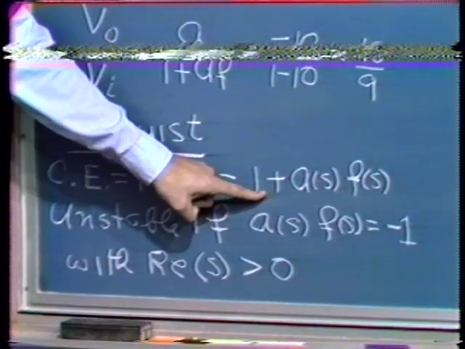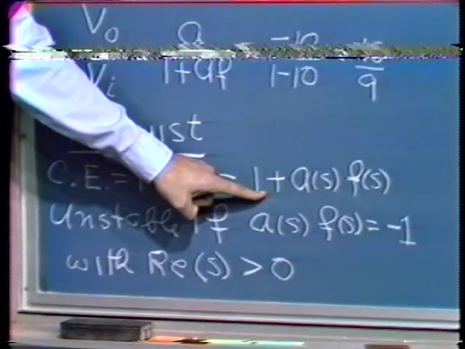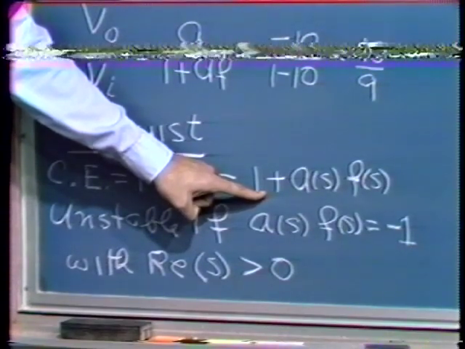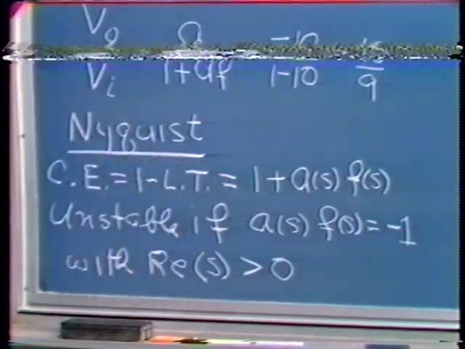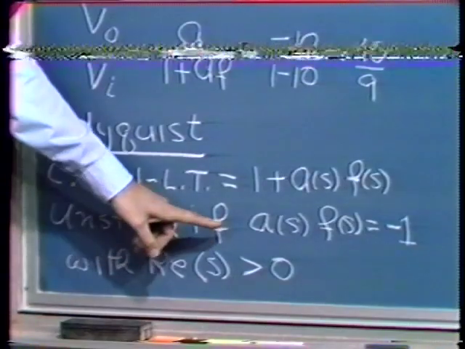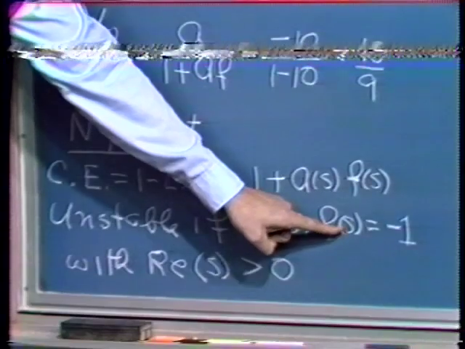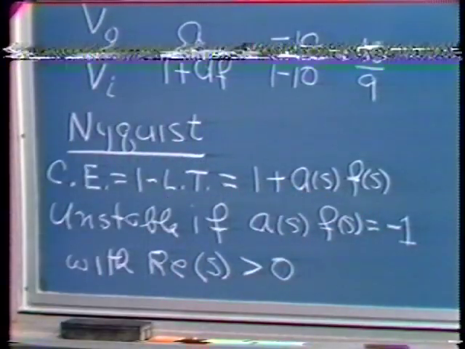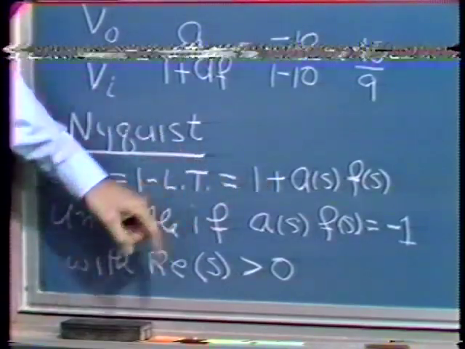The characteristic equation is, of course, the denominator polynomial of any closed loop transfer function of the system. And so the closed loop poles of the system lie at values of S where this quantity goes to 0. Or correspondingly at values of S where A of S, F of S equals -1. Those, of course, are the values of S for which this quantity goes to 0.